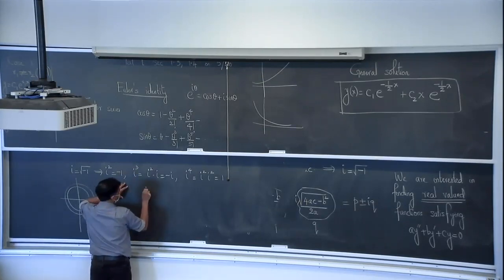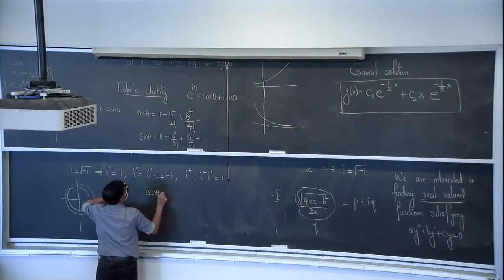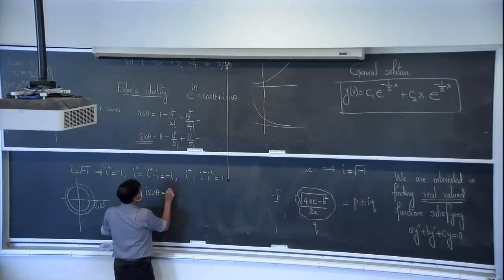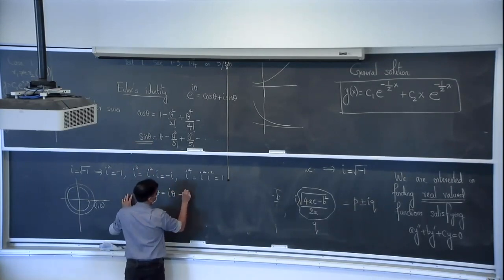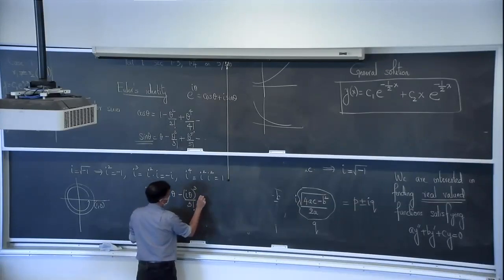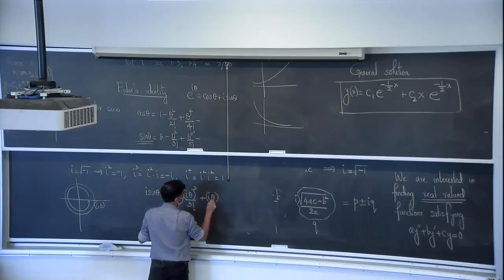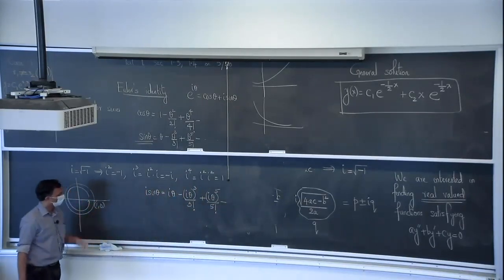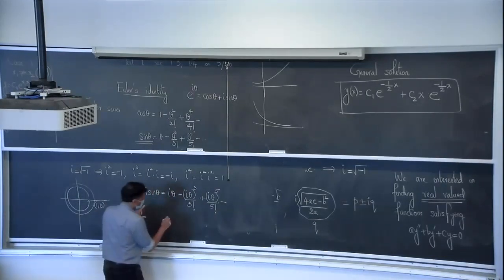So i times sine theta. Take this, multiply by i on both sides. You get i theta minus i theta to the power of 3 over 3 factorial plus i theta to the power of 5 over 5 factorial, and so on. Let's simplify this.